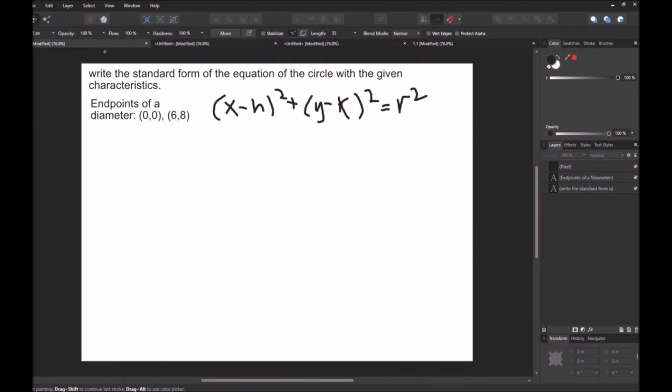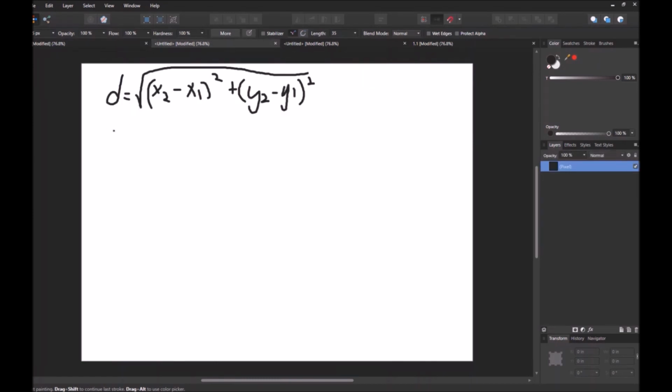So, we're going to do the distance formula first. We're going to do x2 minus x1, so 6 minus 0 squared, plus y2 minus y1, so 8 minus 0 squared. 6 minus 0 is just 6, and that squared is 36.